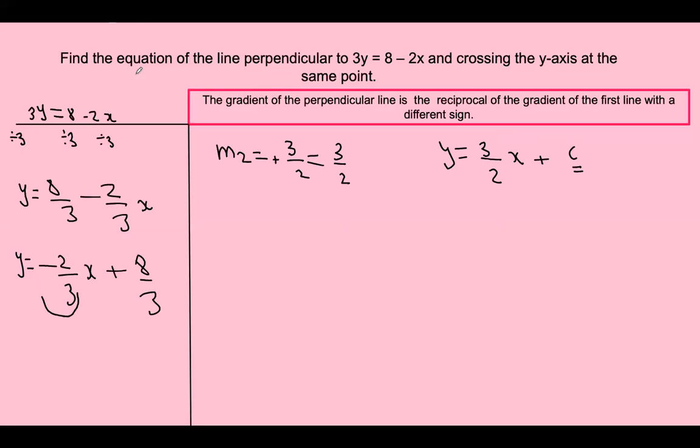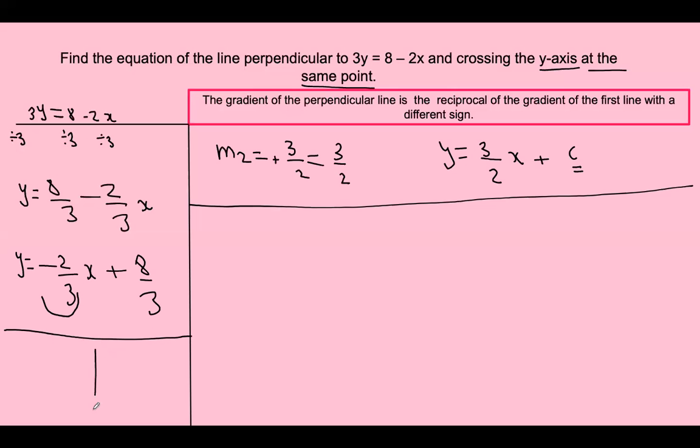Now, if we go and look back at the question, it says both lines cross the y-axis at the same point. Now, something that you have to remember here. So I'm going to draw a little line here, and a little line there.